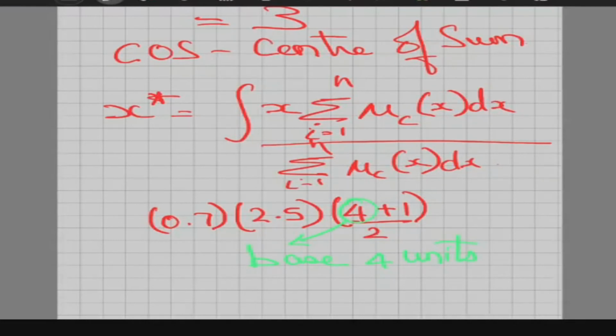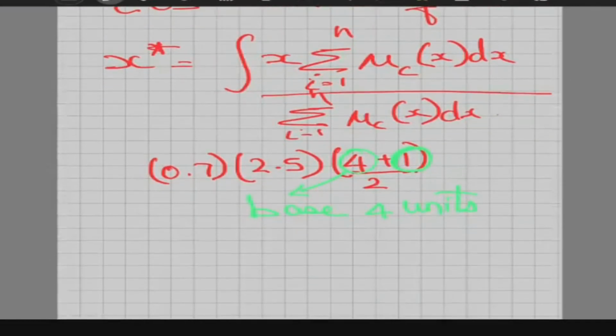Is this color visible? Yeah, base is 4 units, and this is the maximum membership area.